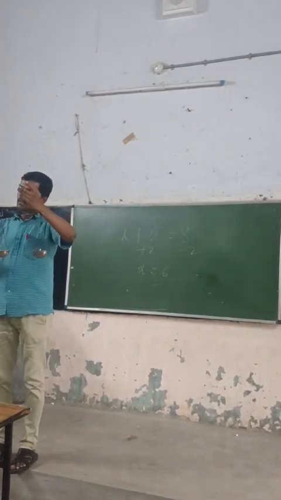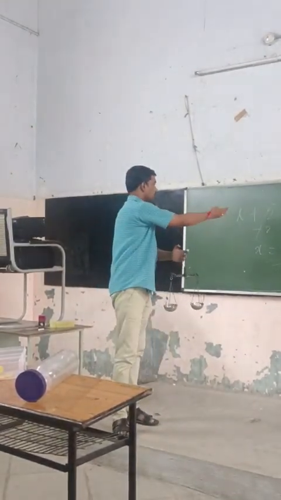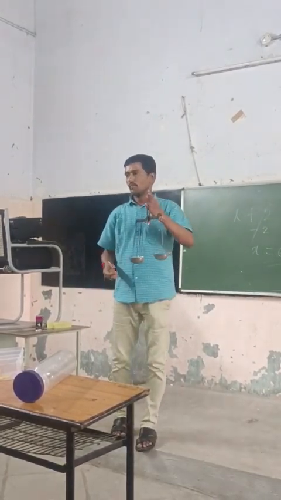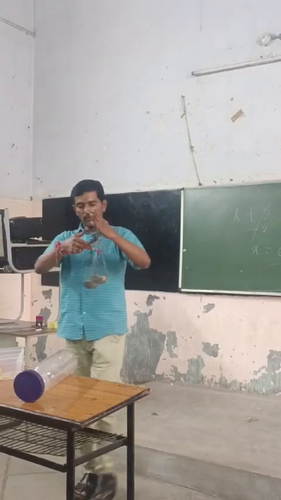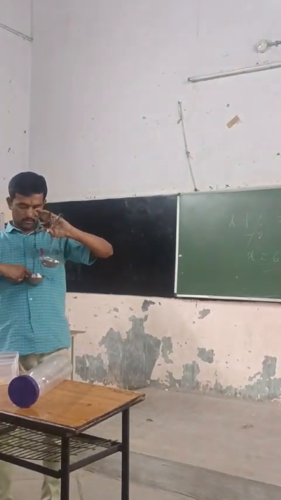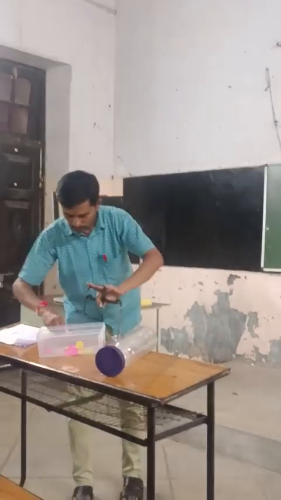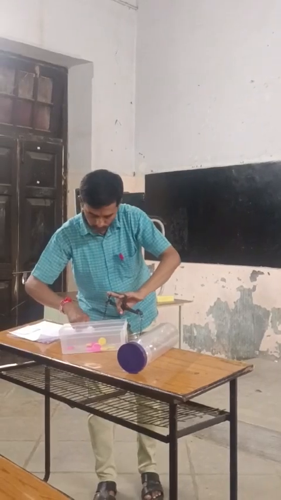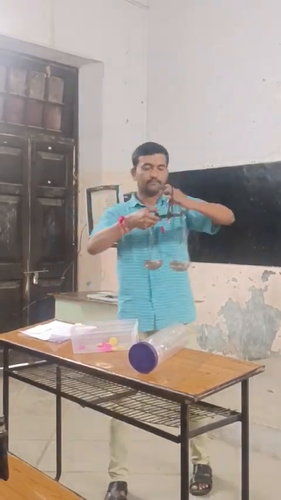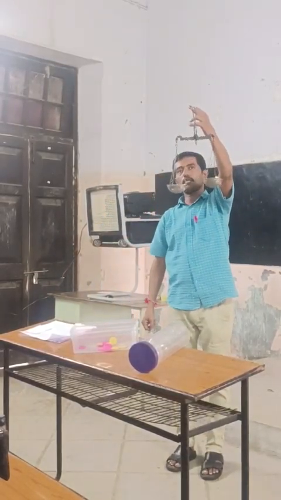In this way, we can do the same matter. By means of addition also we can do. This is an example for the subtraction model. Addition also we can do, by adding something. For example, now it is not in the equilibrium position.